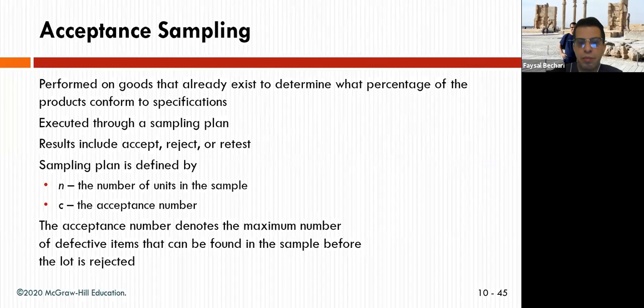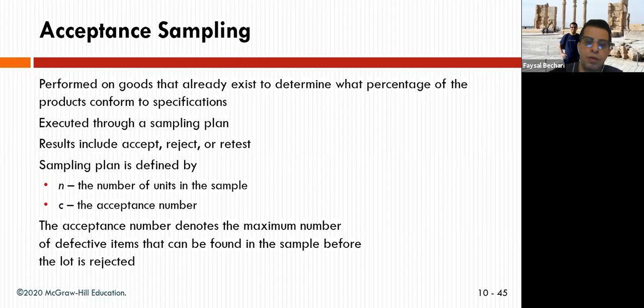Now, acceptance sampling is performed on goods that already exist to determine what percentage of products conform to specifications. It's executed through the sampling plan, and the result is whether you accept, reject, or retest. In other words, without going into the details, say I have 10,000 pants.